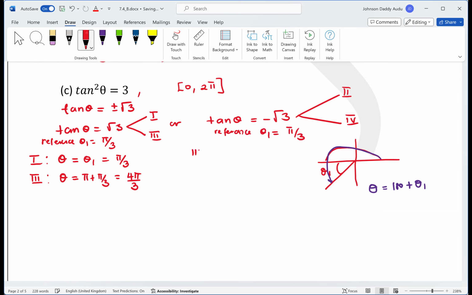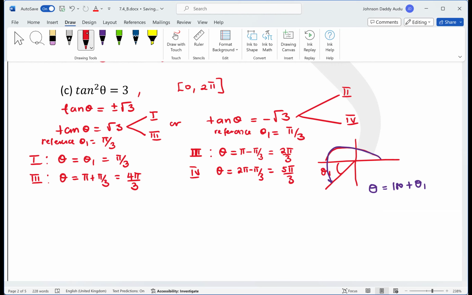If you are in the second quadrant, we know that our theta will just be 180 minus pi over 3, which is going to be 2 pi over 3, right? And if you're in the fourth quadrant, our theta is just going to be 2 pi minus pi over 3. And this should give us 5 pi over 3.